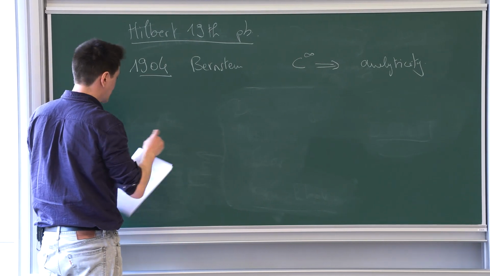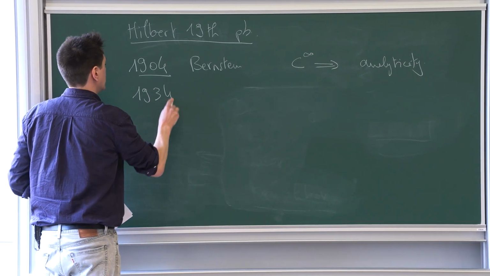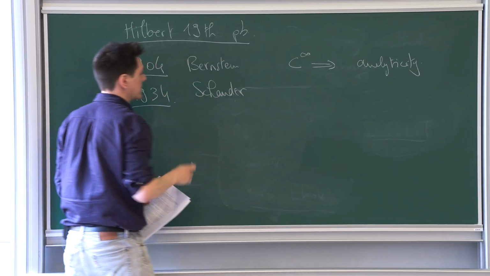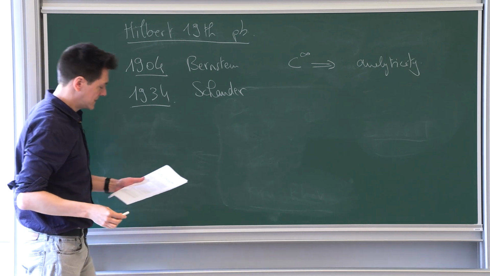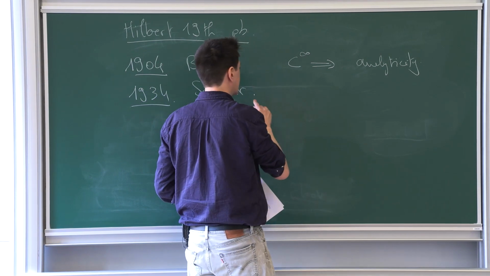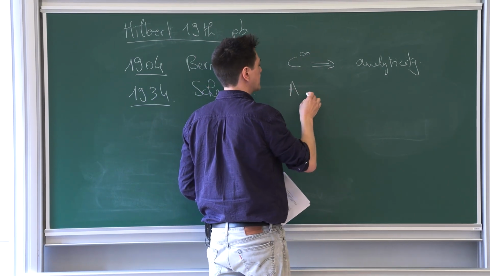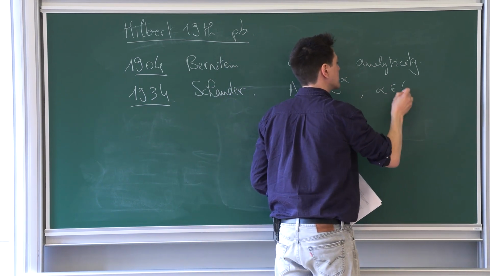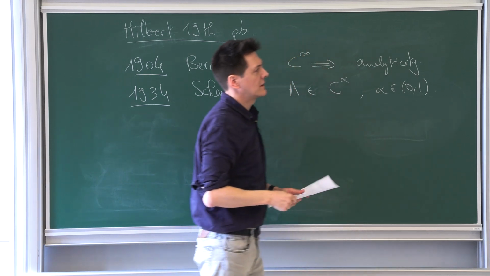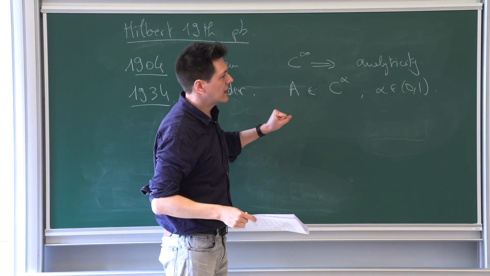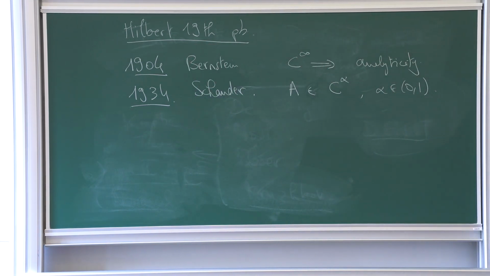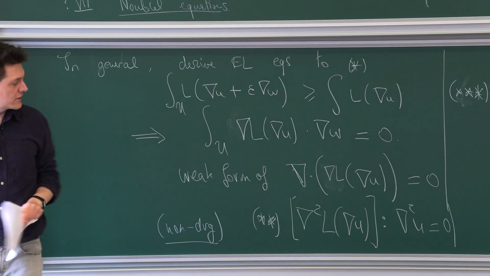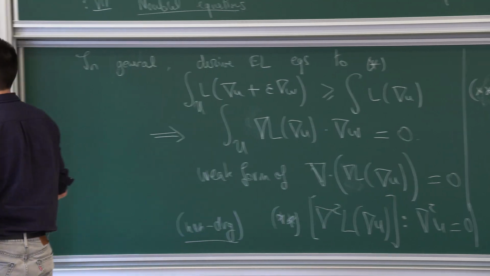Okay, then the second step, much more important, is the fundamental estimates of Hölder in the 30s. And Hölder tells you that if your matrix A is Hölder, so it's a local result, as always. And don't forget my matrix A is here, and it's here as well. Then Hölder looks at the non-divergence form.